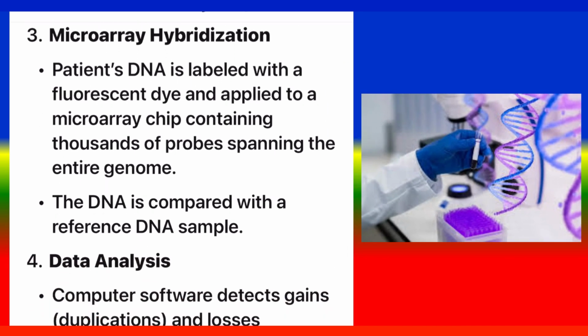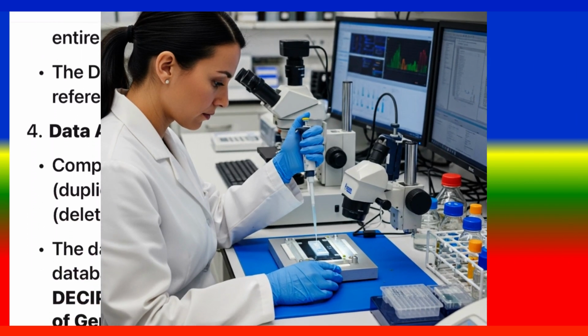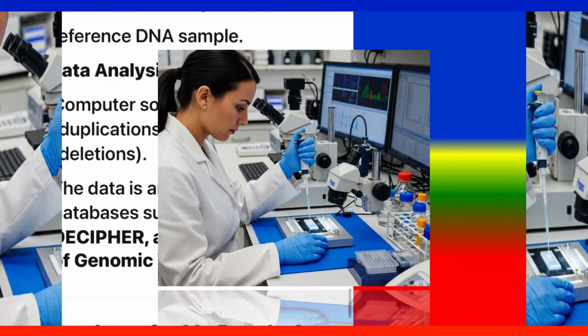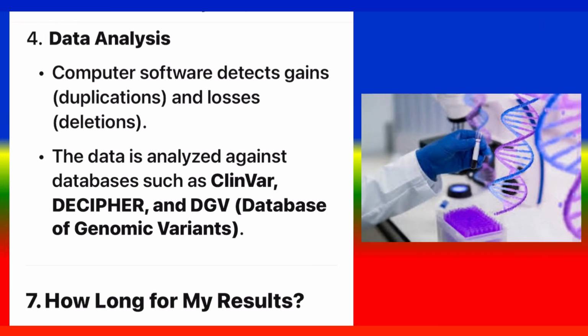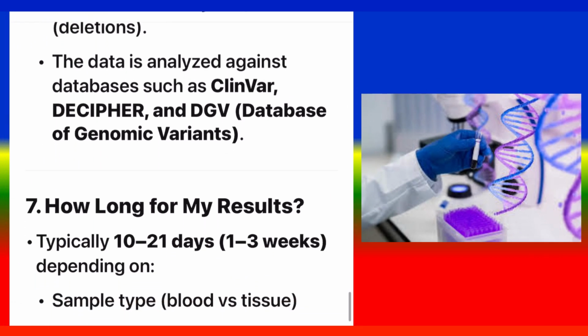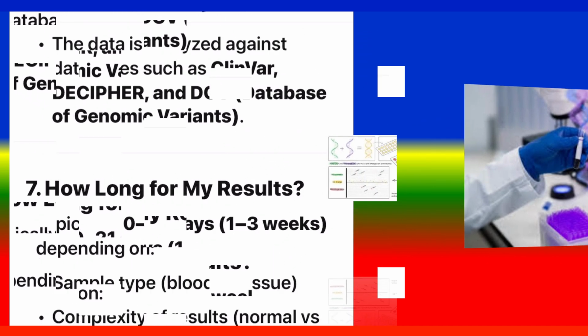The patient's DNA is labeled with a fluorescent dye and applied to a microarray chip containing thousands of probes spanning the entire genome. The DNA is compared with a reference DNA sample. 4. Data analysis. Computer software detects gains, duplications, and losses, deletions. The data is analyzed against databases such as ClinVar, DECIPHER, and DGV, the database of genomic variants.